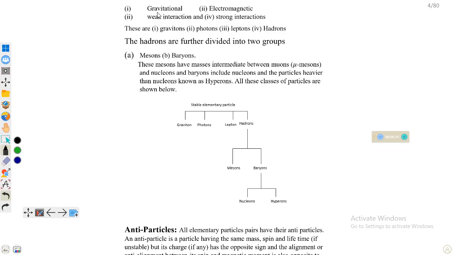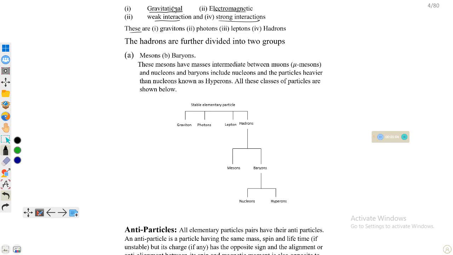It is weak, but its range is so great that it is very prominent among all of the forces. The second is electromagnetic force, the third is the weak interaction force, and the fourth one is strong interaction. So, what are the particles which are responsible for the mediation of those forces?